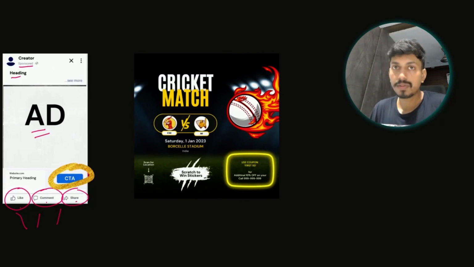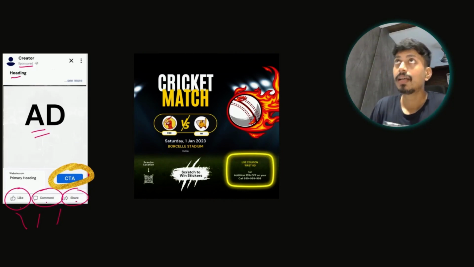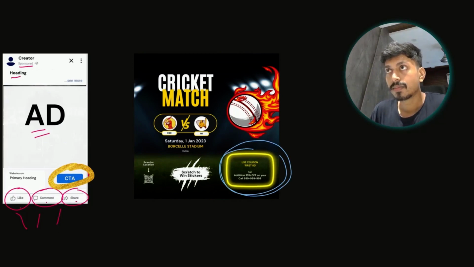The only purpose of the ad is to get a click on your call to action, not a click on that like button or a comment or a share, only on that call to action, right? Similarly, the only purpose of this poster is how many people take this action, not this, not this. Both of them are just for engagement. We want them to call on this number and book their ticket.